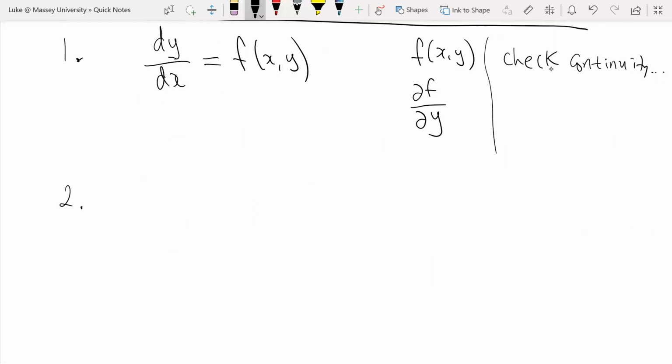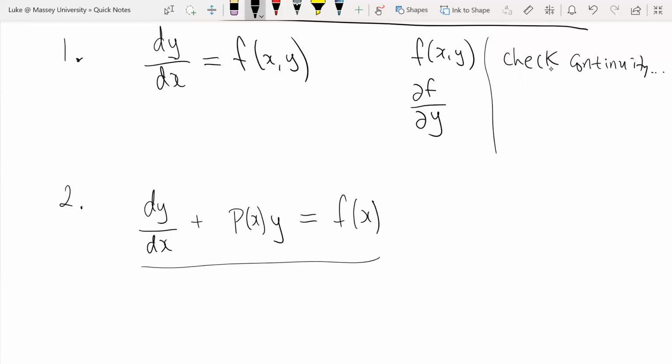If we had a first order linear ODE in this form, this is from lecture 5 in the course notes, so you might want to reference that. I just called the right hand side f of x. So this is the general first order linear ODE in its standard form.